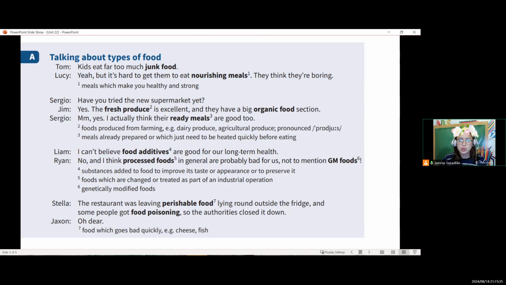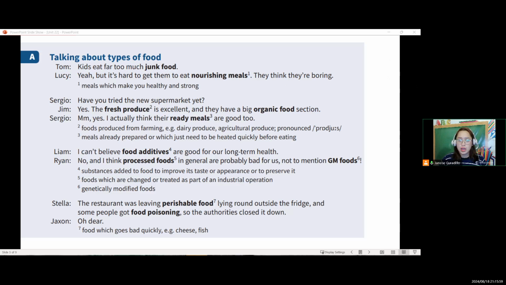Have you tried the new supermarket yet? Yes, the fresh produce is excellent and they have a big organic food section. Yes, I actually think their ready meals are good too. I can't believe food additives are good for our long term health.